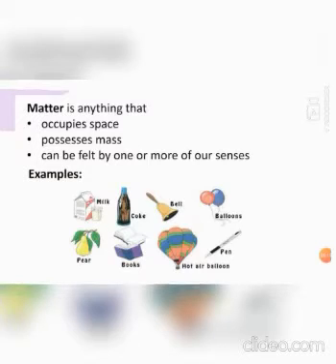Here you can see a few examples of matter: milk, coke, bell, balloon, pear, books, hot air balloon, pen, etc. Milk is in liquid form, the balloon is in gaseous form, and the bell is in solid form. So solid, liquid, gas all occupy space and have mass, and all these are said to be matter.